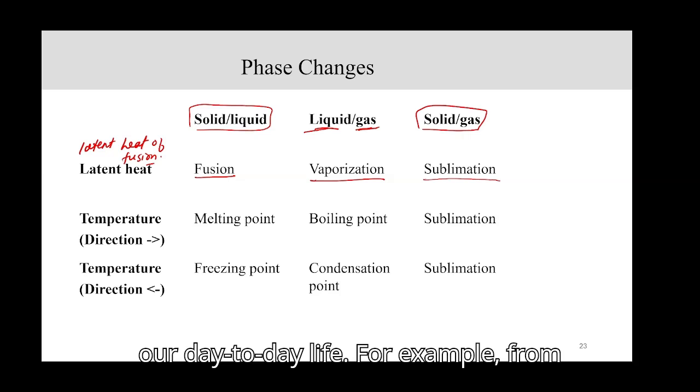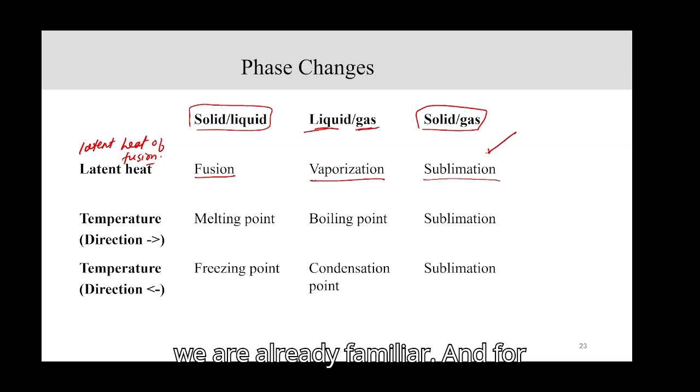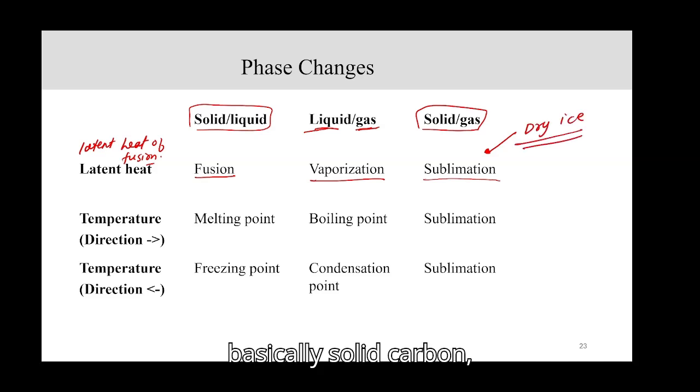An example for solid to liquid, liquid to solid, we are all familiar with in our day-to-day life. For example, from ice to water, water to vapor, vapor to water, and water to ice, we are already familiar. And for sublimation, one very good example is dry ice. Basically solid CO2, carbon dioxide.